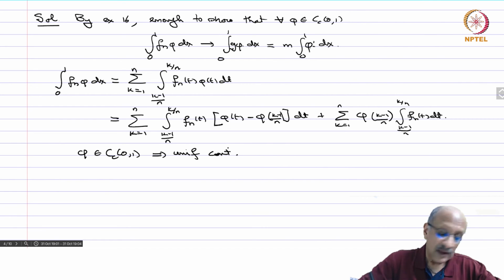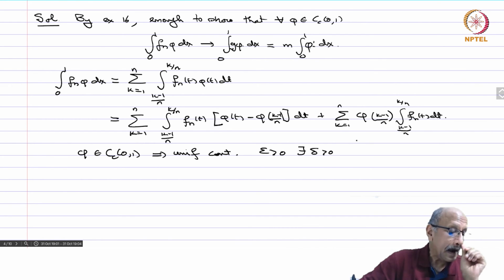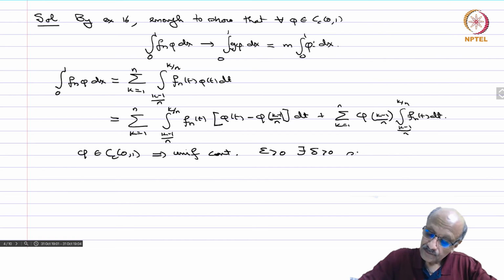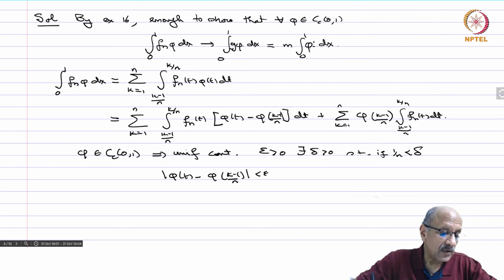Therefore, given epsilon greater than 0, there exists a delta greater than 0 such that if 1/n is less than delta, we have |phi(t) - phi((k-1)/n)| is less than epsilon for all t in [(k-1)/n, k/n].